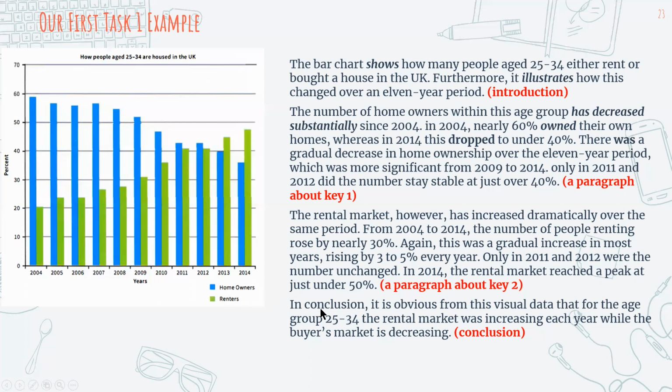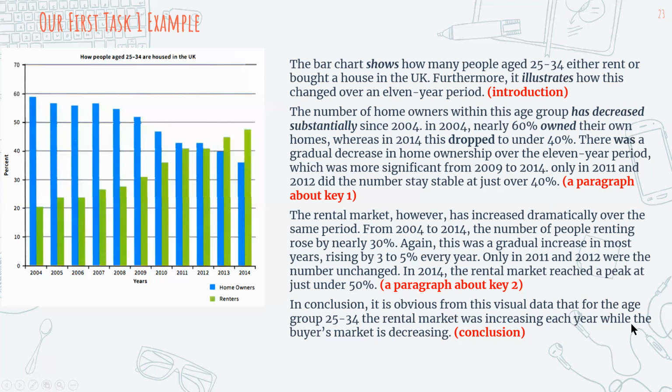Now you are writing your conclusion. In conclusion, or to sum up, it's obvious from this visual data that for the age group, I said age group because in the first sentence I said people aged 25 to 34. So I changed it a bit.